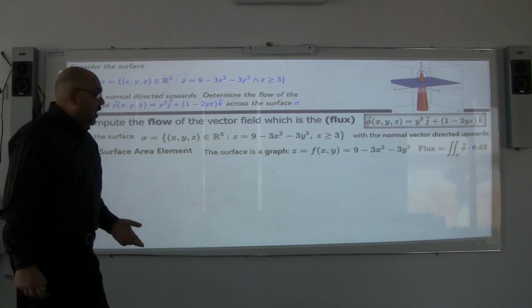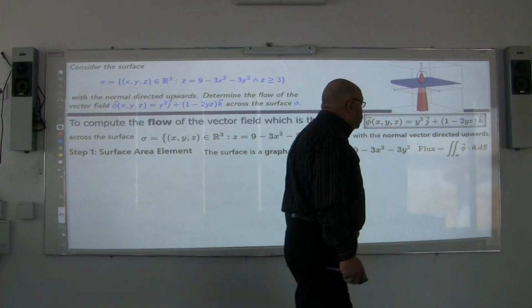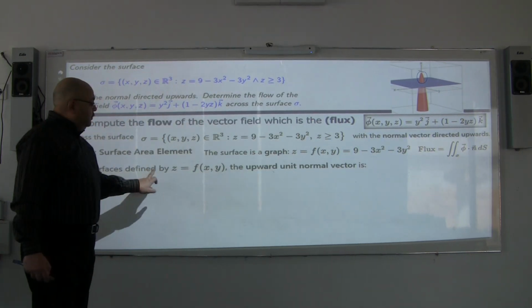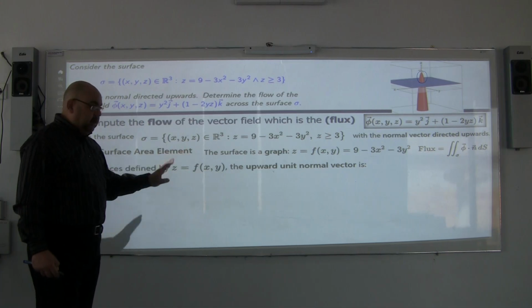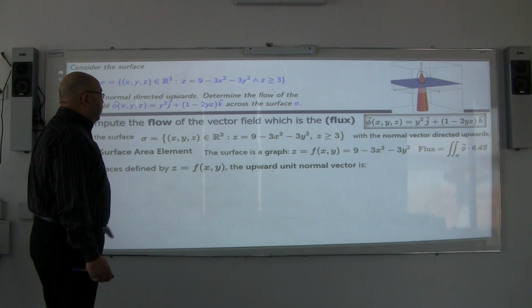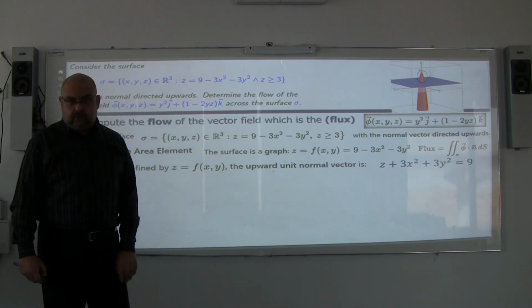So the flux is phi dot n with respect to dS. Now I will need to find r for the surface z. The upward normal vector, we already know it's going to be the n vector, and I will show you how to get it. But first, this is the function that we are talking about.